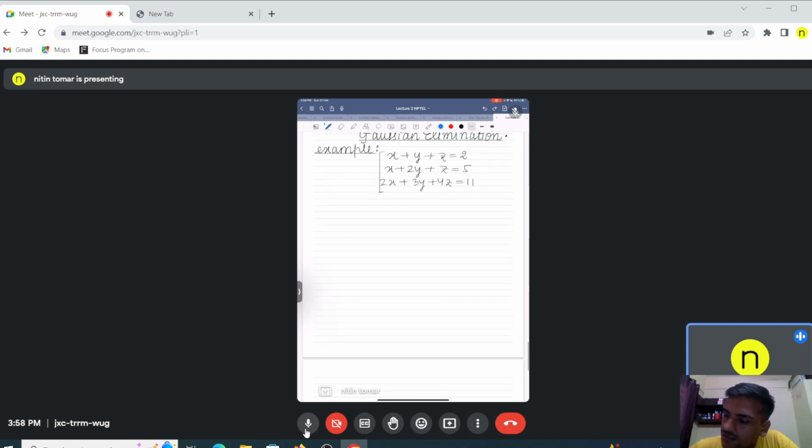So what will be the system in matrix form? The system can be written as the matrix 1, 1, 1; 1, 2, 1; 2, 3, 4.